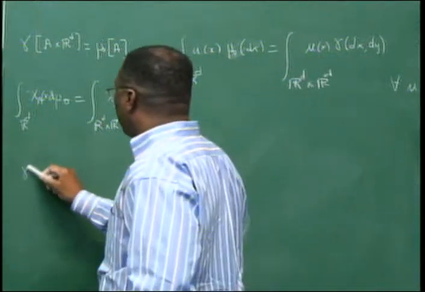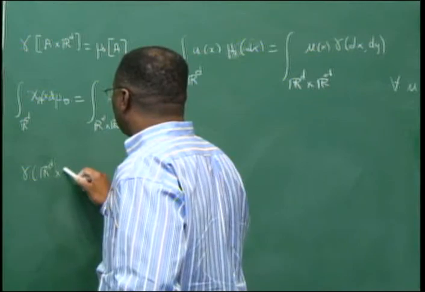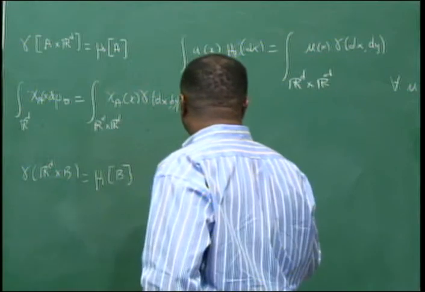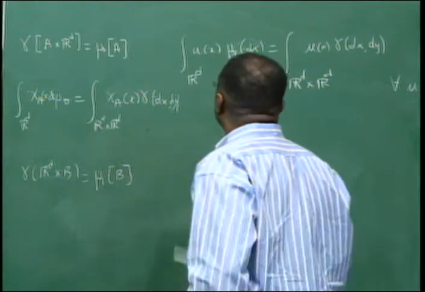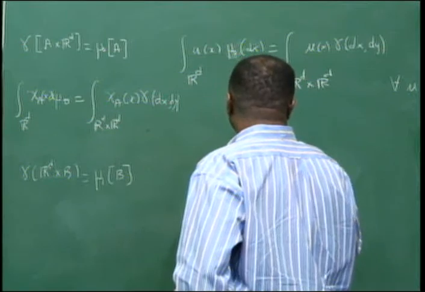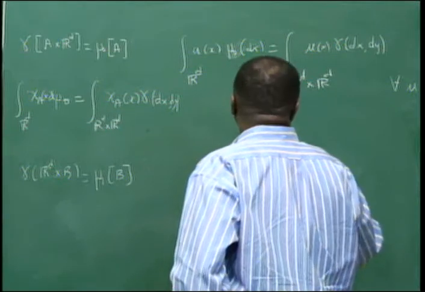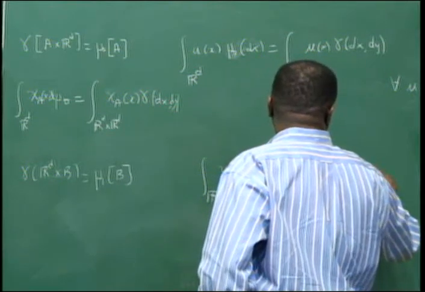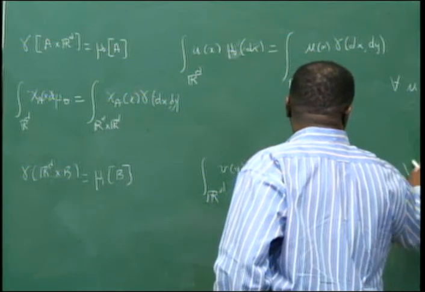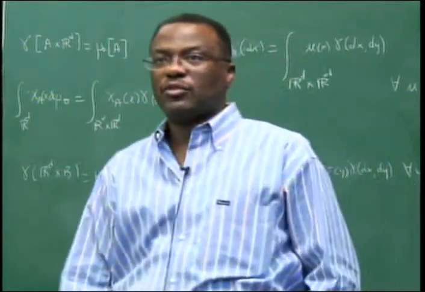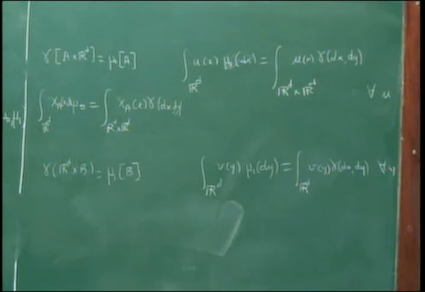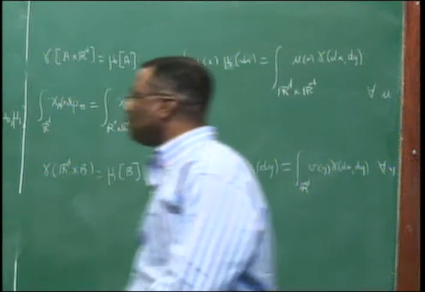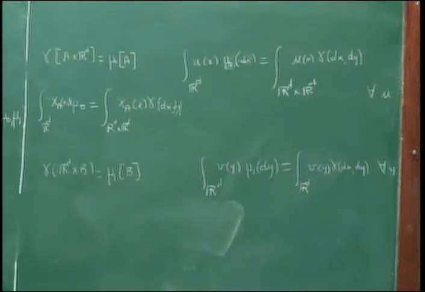Now, the condition gamma of R^d cross B is mu 1 of B for every B can be written as the integral over R^d of V of y d mu 1 is the integral over R^d cross R^d of V of y d gamma(x,y) for every V. Okay, so I am going to use these two conditions to write G infinity. So look at the following.